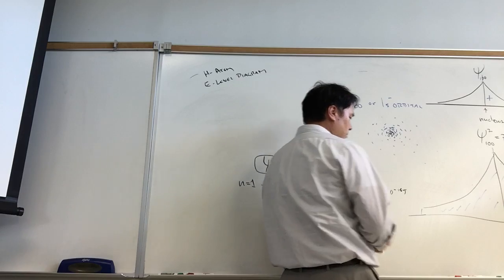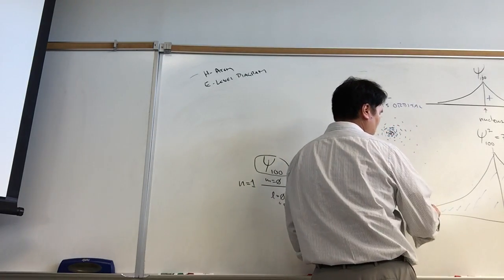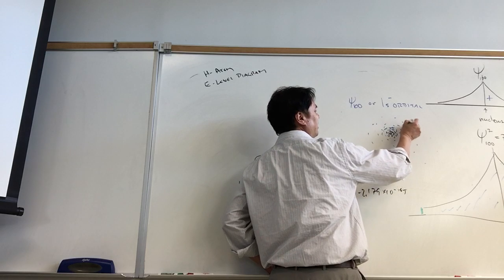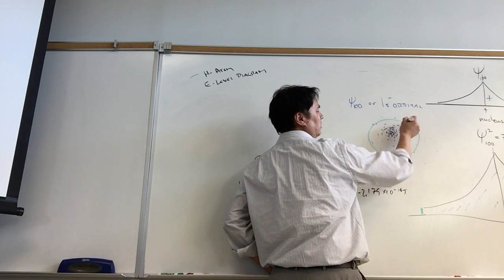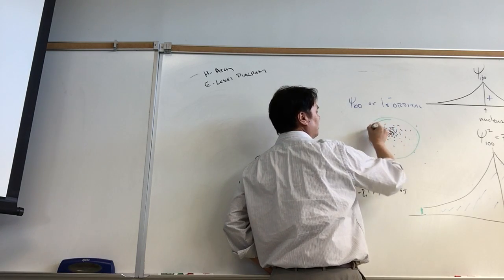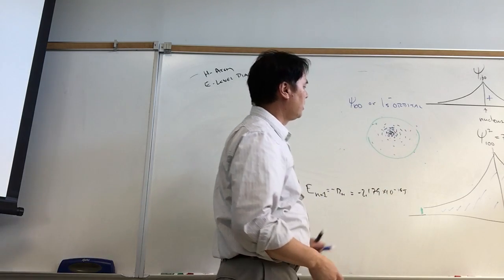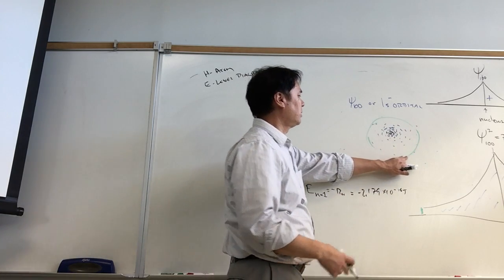Drawing this 90% boundary, you can draw a line here and represent it like this. This is not the greatest drawing, but this would be the 90% boundary. It's not a real boundary, not a real wall or anything like that.